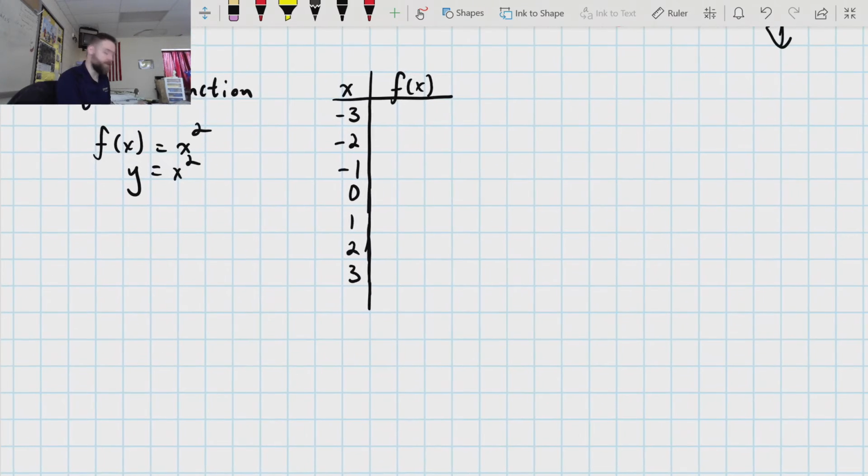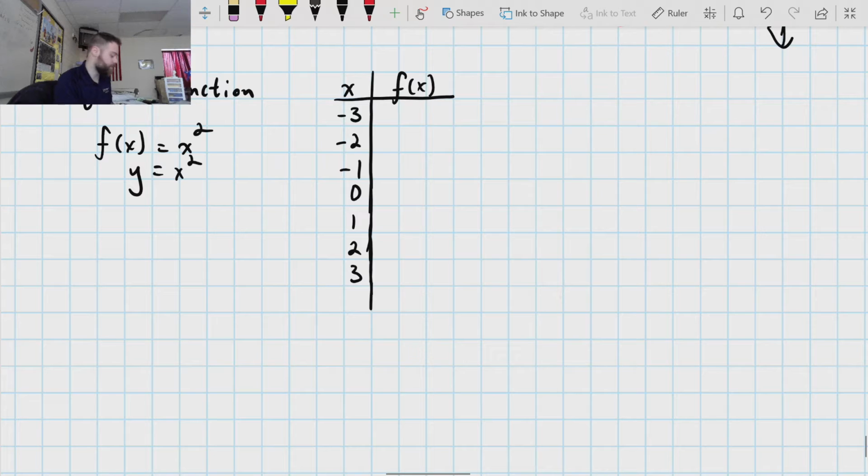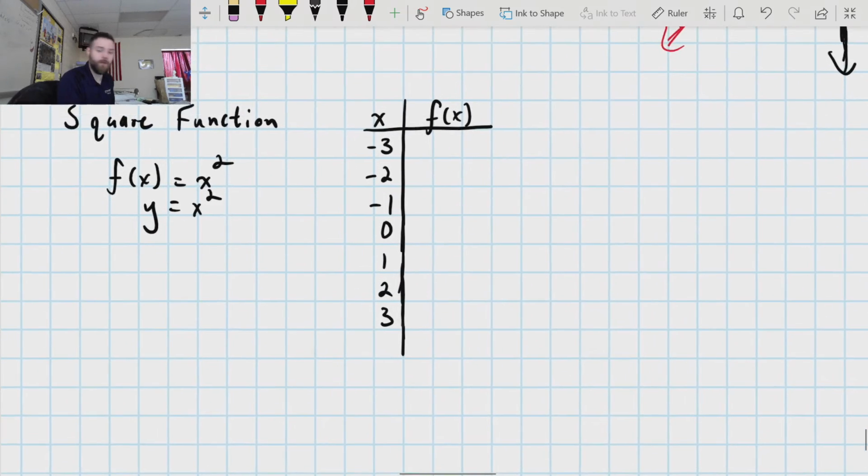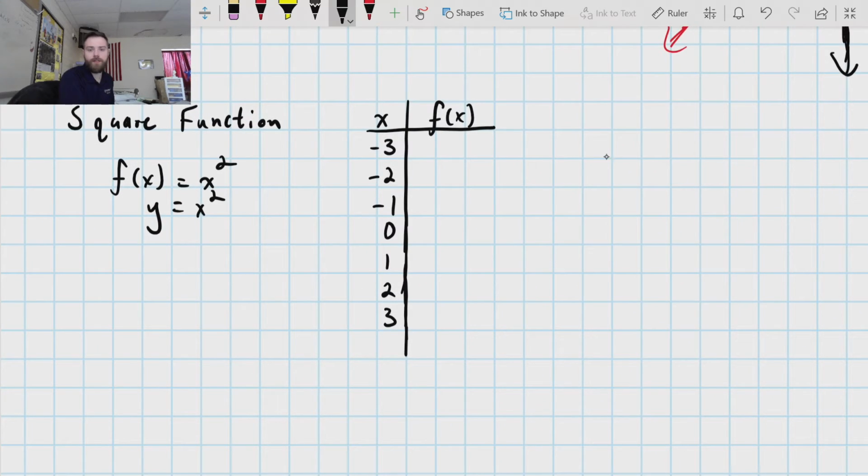And so anytime I start to graph these input-output tables, I'm going to go back and look at my function rule. So I'm going to start plugging things in and seeing what I get. So f of -3 is equal to -3 quantity squared.